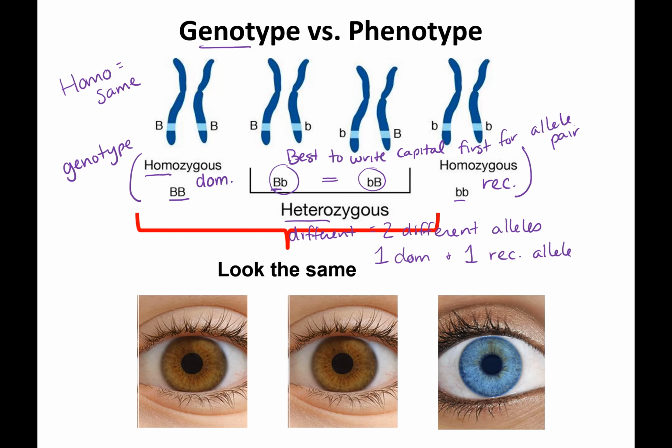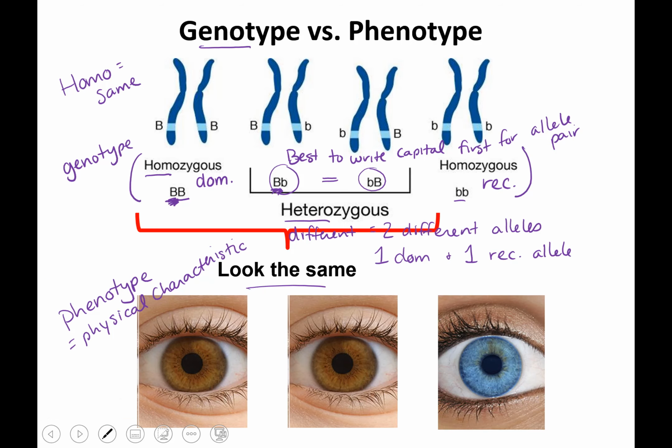So if we add this, I want you to see that here we're talking about phenotype now, your physical characteristic, your eye color. And when you have a dominant allele, homozygous dominant and heterozygous look the same. So a same phenotype can have a different genotype. Let's write that.